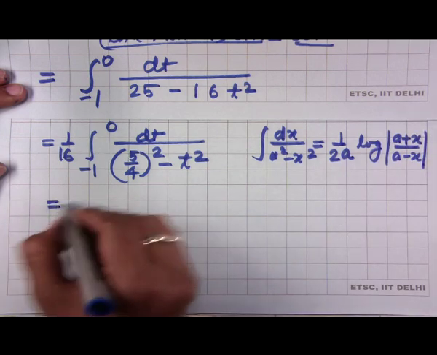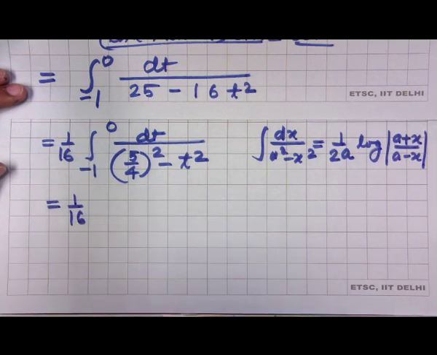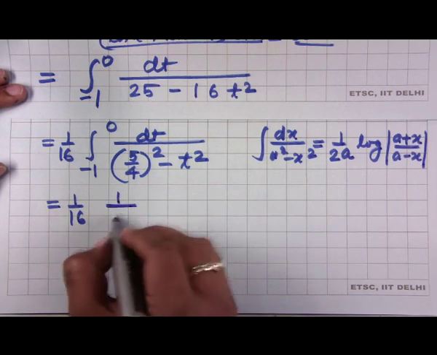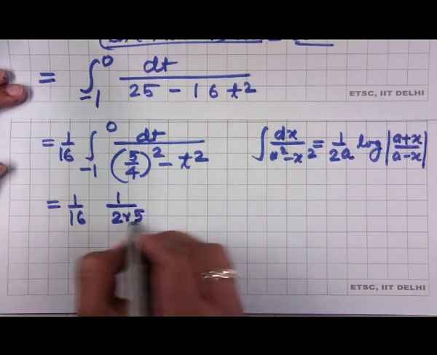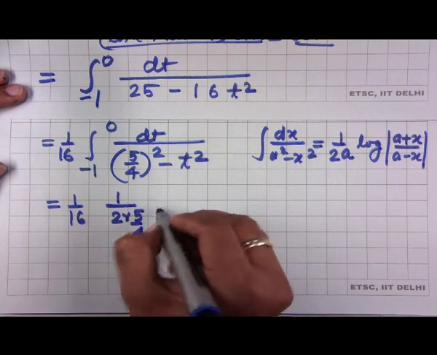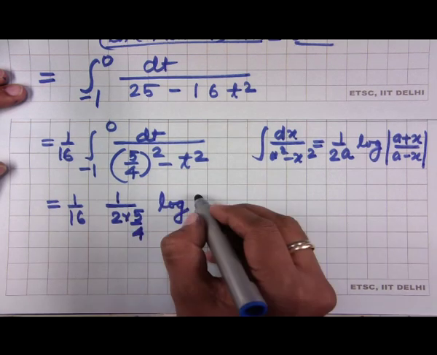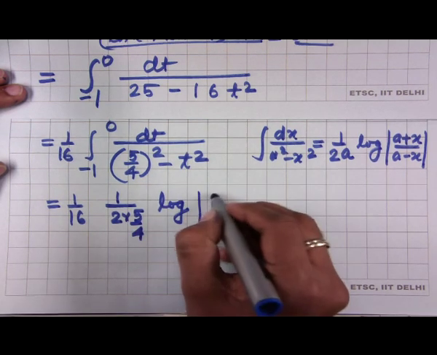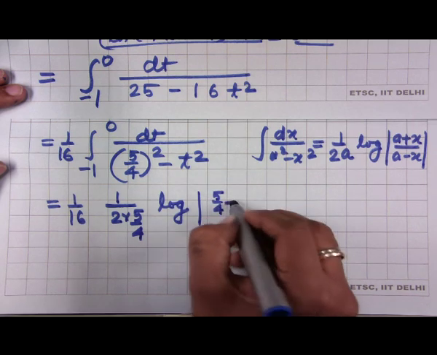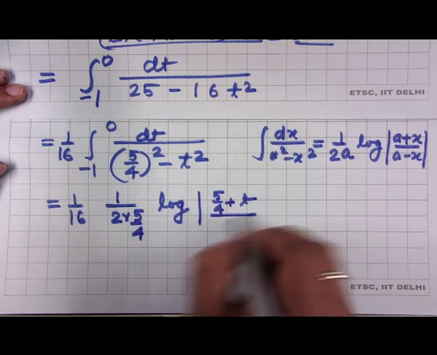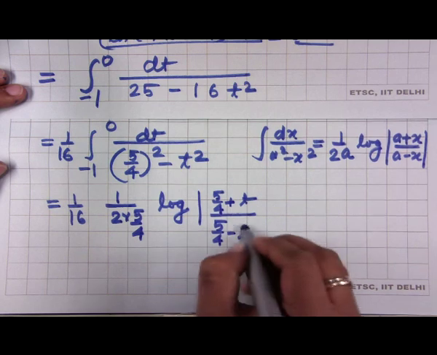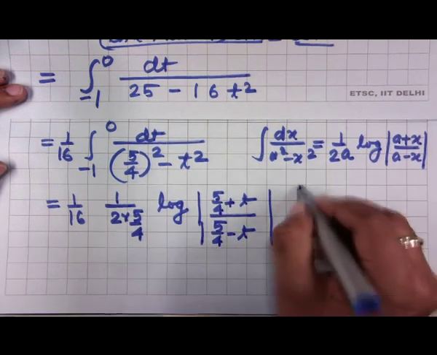So therefore this is equal to 1 by 16, 1 by 2a is 5 by 4, log of 5 by 4 plus t on 5 by 4 minus t, minus 1 to 0.